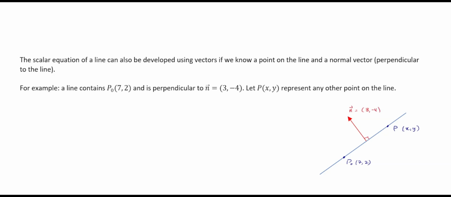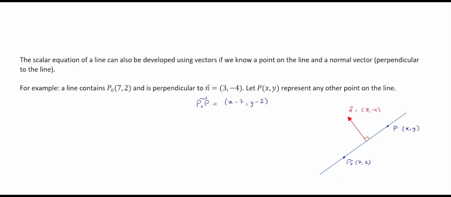Okay, so what I'll do is I'll create a vector that goes from P naught to P. So P naught P is equal to, well, if I do the vector from P naught to P, it's the position vector OP minus the position vector OP naught. So I would just say (x minus 7, y minus 2).